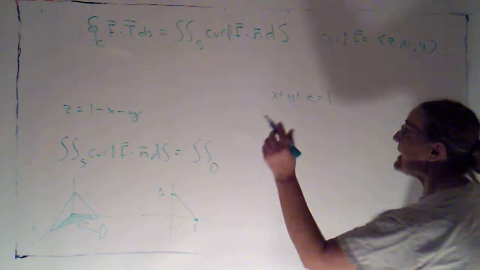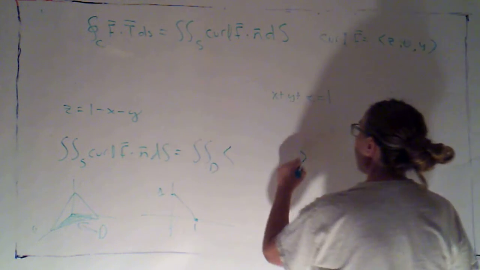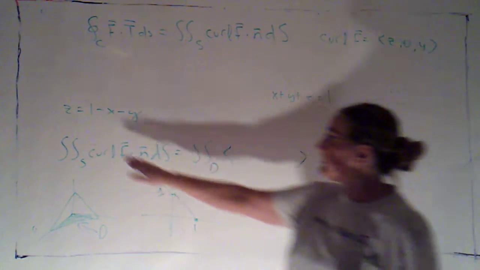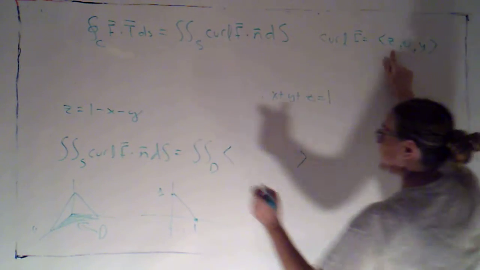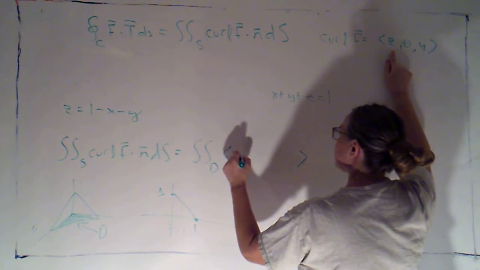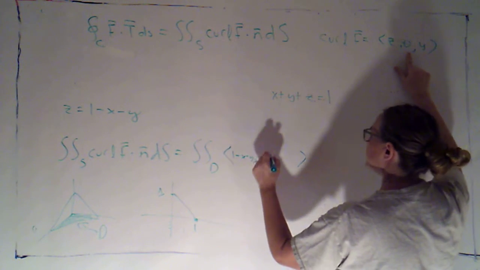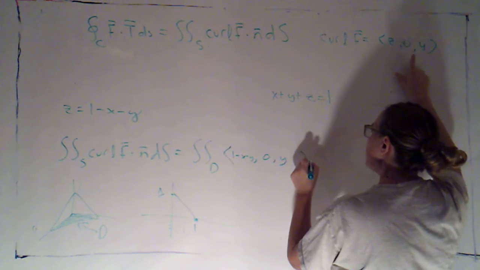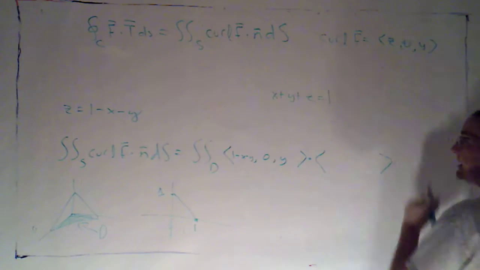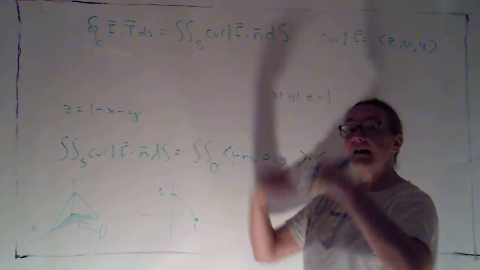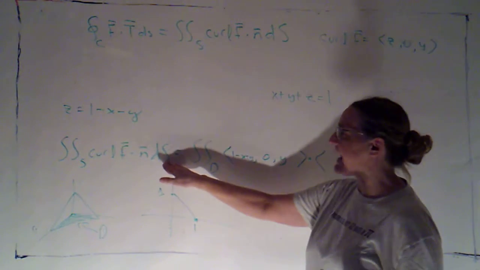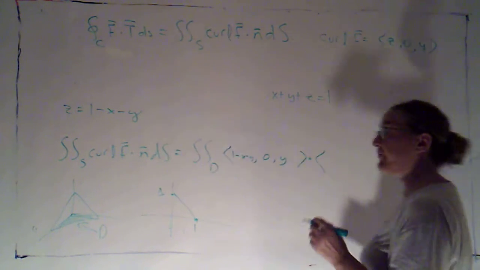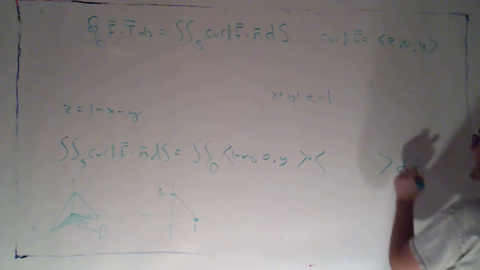Okay, now I'm going to write curl of F, but I'm going to replace any z's with 1 minus x minus y. So we're going to have (1 minus x minus y, 0, y), dotted with, and I'm going to now dot with the non-normalized normal vector because that will absorb the scaling factor that allows me to switch from dS to dA.